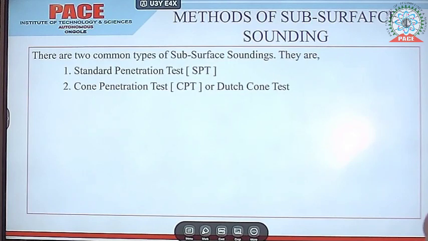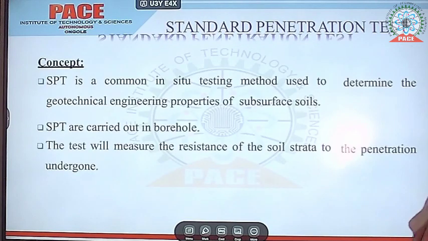So mainly the subsurface soundings, that is the testing methods, there are two common types of methods. One is the standard penetration test and the other is the cone penetration test. The standard penetration test is also called the SPT test.